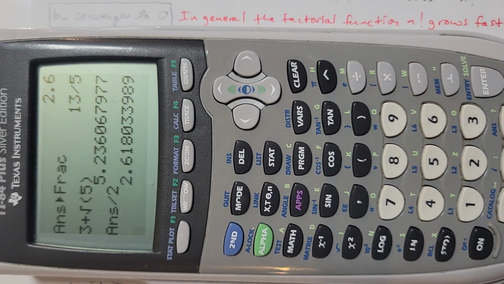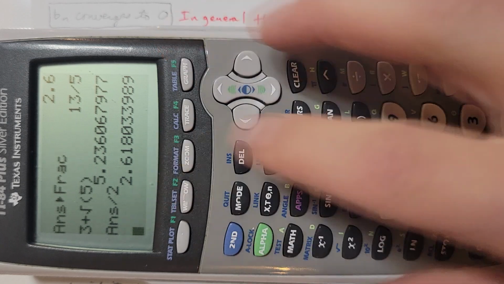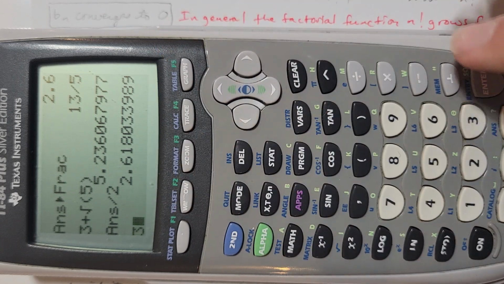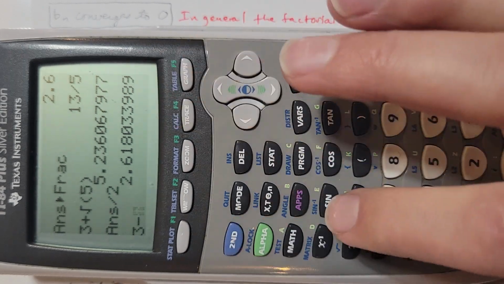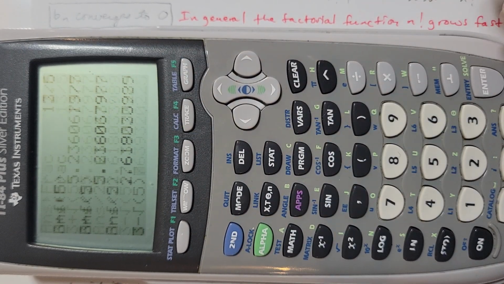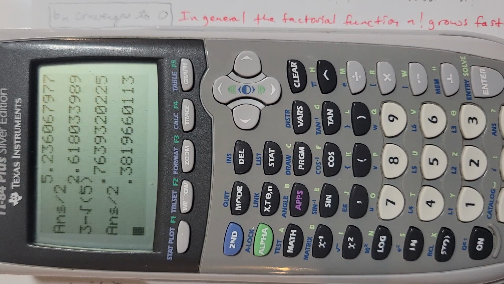That number is bigger than 2, right? So I'm ignoring the positive case, 3 plus the square root of 5 divided by 2, since that number is bigger than 2, okay? Now I got 3 minus the square root of 5 divided by 2. That's that guy.